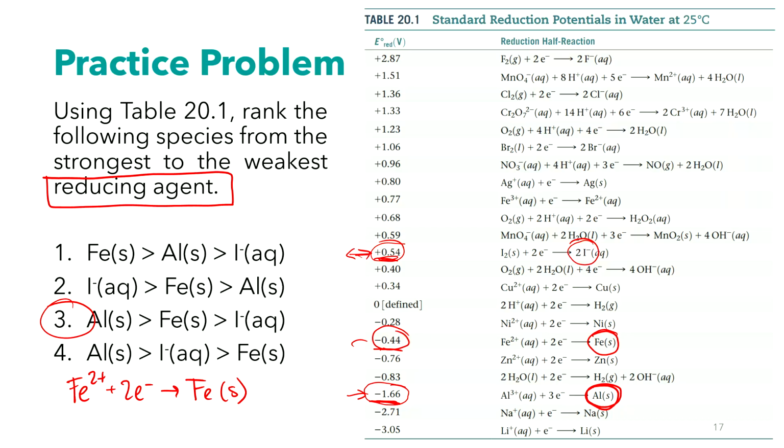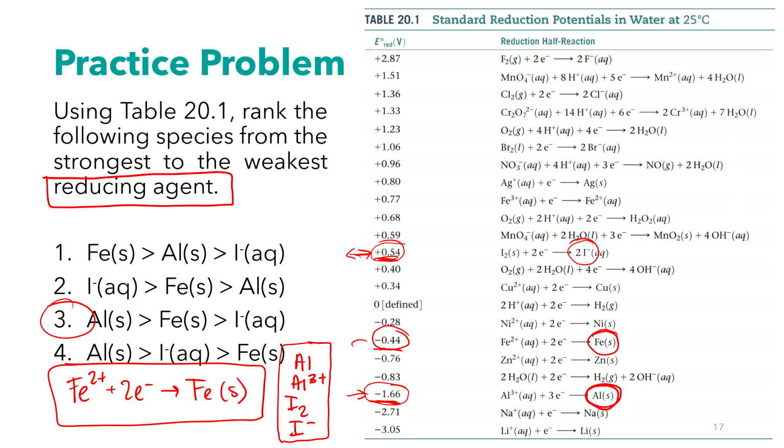Which could be the reducing agent for this process? Could it be Al, Al3+, I2, or I-? So which of these could act as the reducing agent for this process? Well, I know I'm looking for something to provide electrons that is willing to give electrons to iron. So I know, first of all, that it can't be something on the left side.